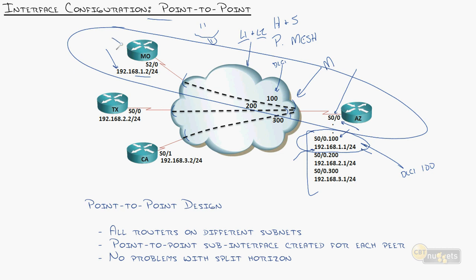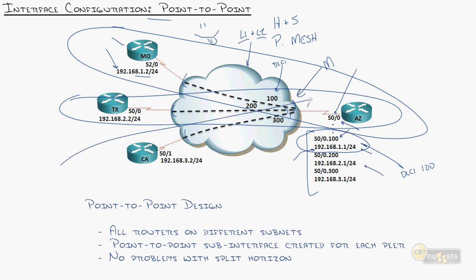Okay, second IP address on that same network. So then we look at each one of these, right? I look at 200.2.1. I look at 300.3.1 right here. Each one of these is its own little network between Arizona and each one of these routers. Now, this is an absurd waste of IP addresses that I've done here. You would definitely want to use /30s on those WAN links to make it optimal. But by doing this, you get the point.